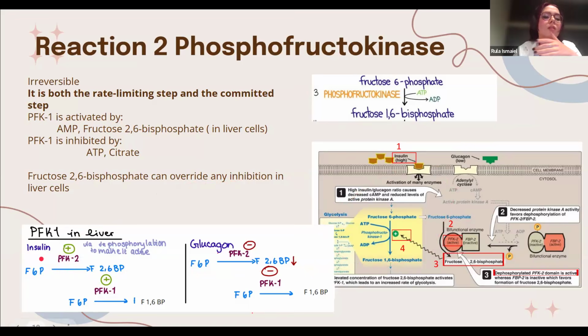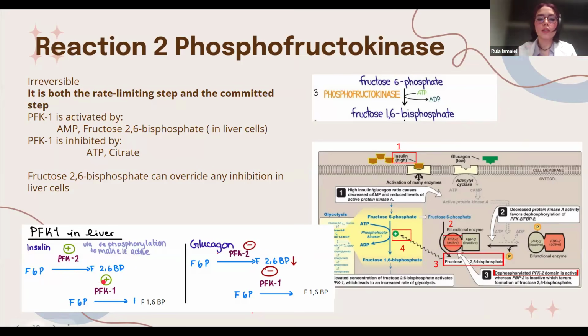Okay, so in the well-fed state, insulin is released. When insulin is released, it stimulates PFK2. PFK2 is found in the liver. When PFK2 is stimulated, it catalyzes the reaction of fructose 6-phosphate to fructose 2,6-bisphosphate.